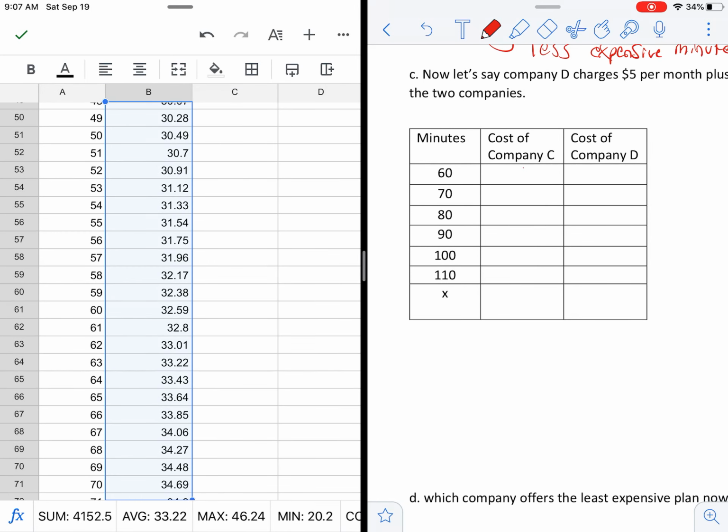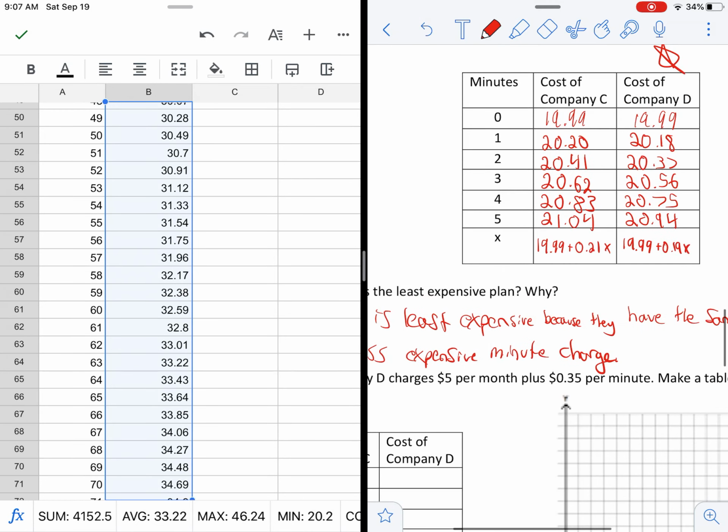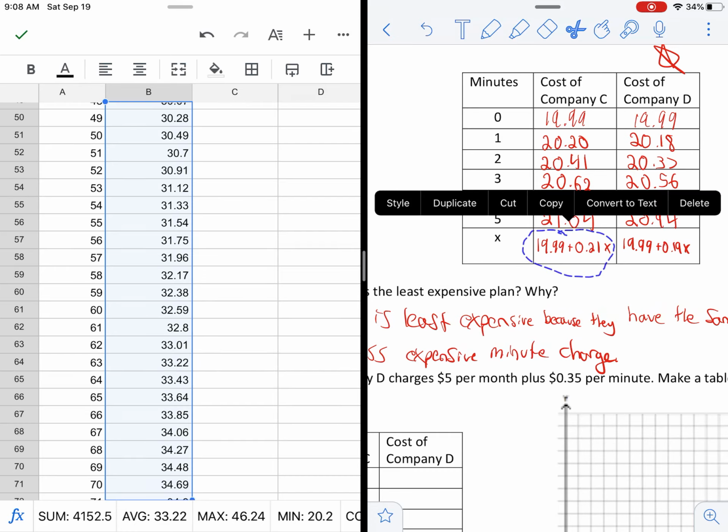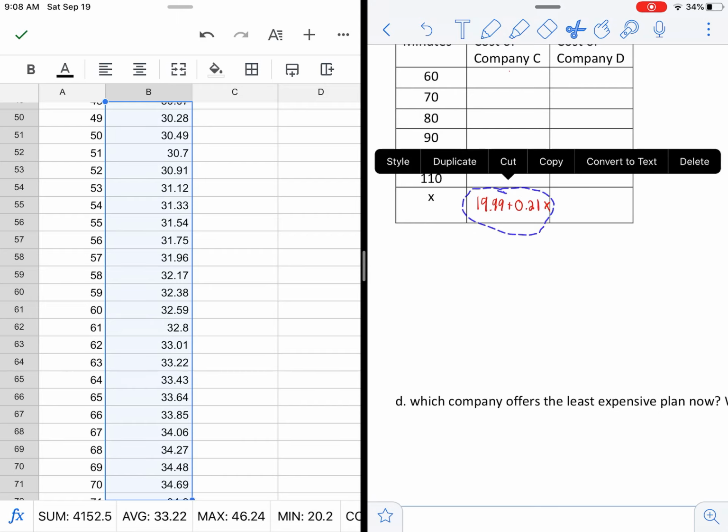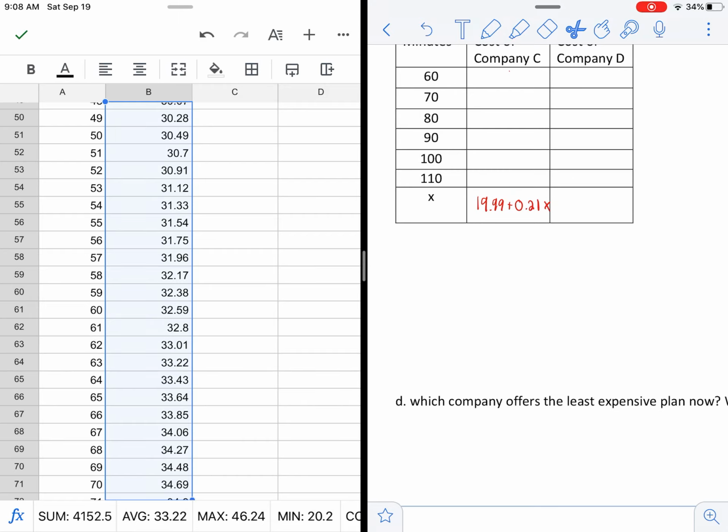Okay, perfect. So at 60, if you have a calculator, you can just type in using the formula from above right here. That's going to be the same formula that we'll use right here. All right, so we have $32.59, $34.69.